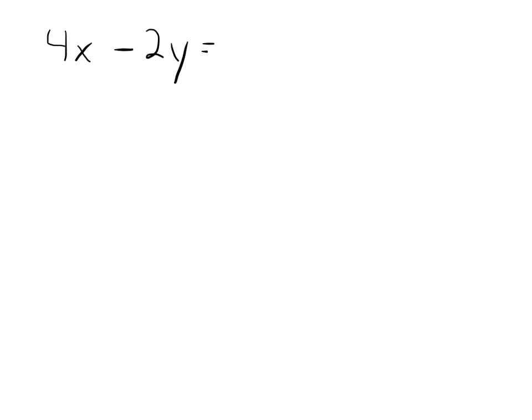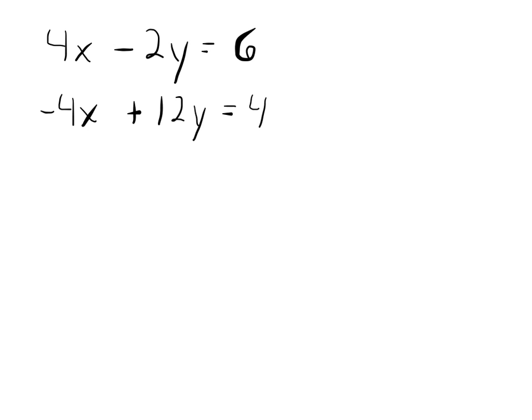So if I have this system, 4x minus 2y is equal to 6, and then negative 4x plus 12y is equal to 4. When you look at this, we learned with substitution that if I have a coefficient that is a positive 1, it's pretty easy to solve for that variable.